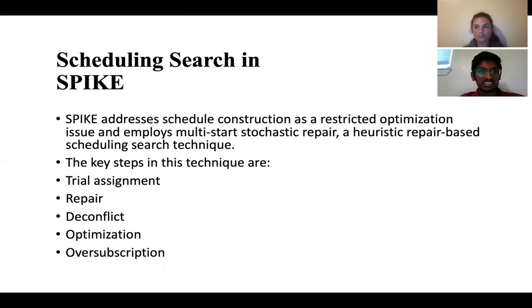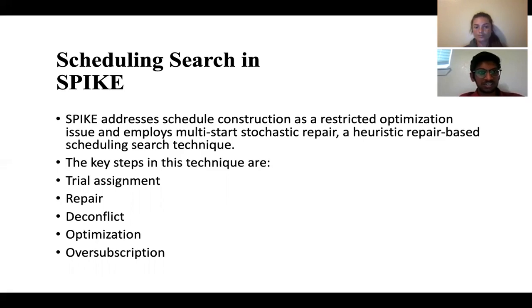So trial assignment is the first step, and what we do is we guess the activities based on the heuristic search and assign them. And in repair, we will eliminate the constraint violations, and we will use heuristic repair strategies until there are no conflicts left.